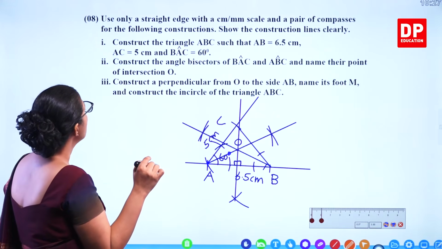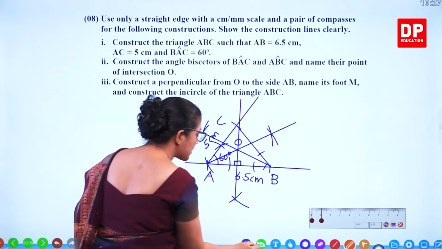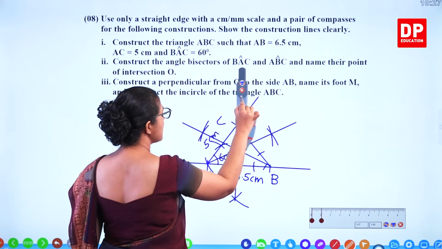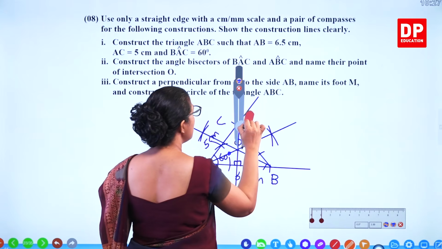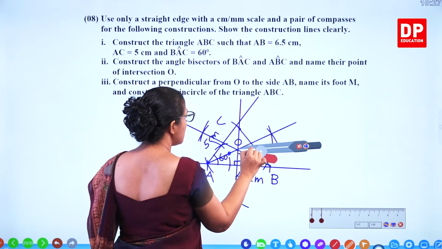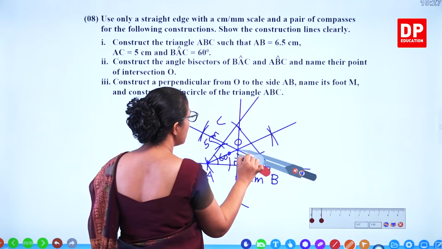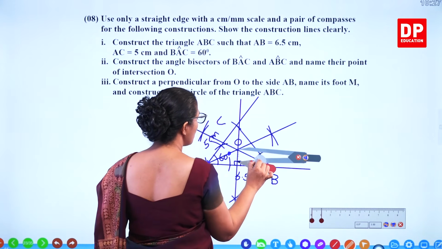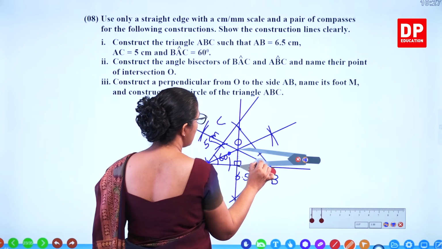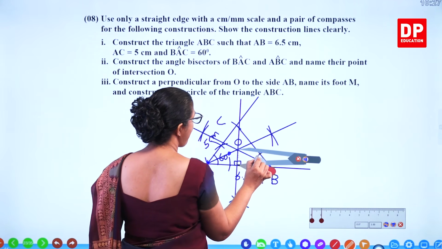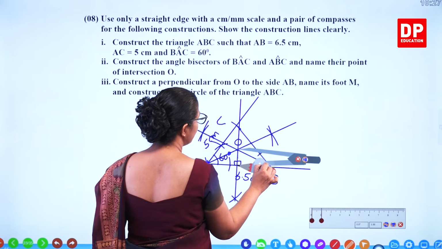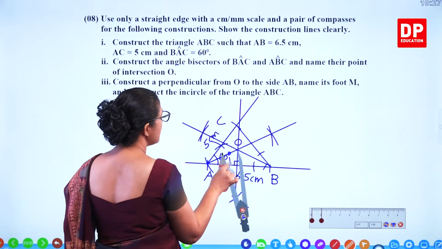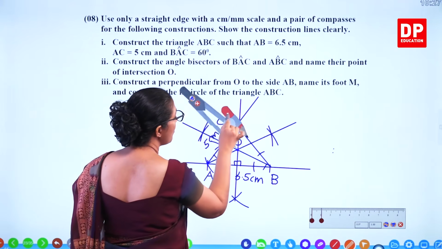Now they're asking, draw the incircle. So where's the radius? The radius is O to this one. So that's the radius of the incircle. Incircle means it touches all the sides of the triangle. This is the radius of the circle. Check whether it passes through all the points.